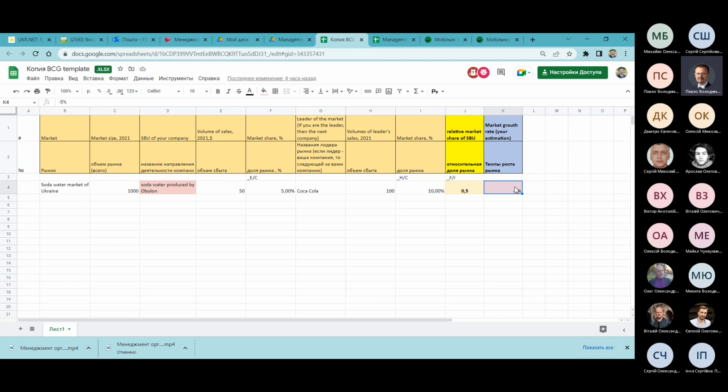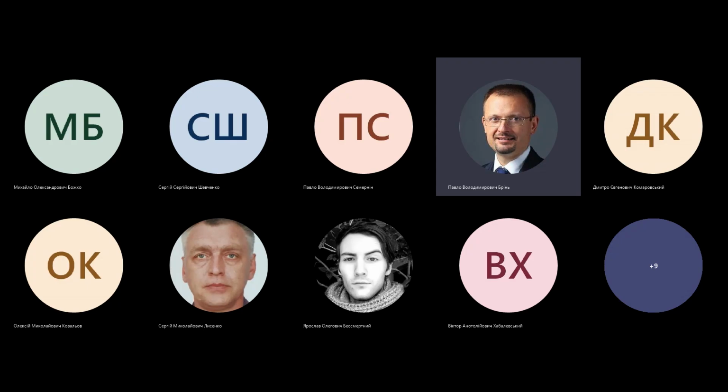Usually the information about 1 year and about the growth rate is presented, and that's all. For every strategical business unit, you will have to calculate these two dimensions, the relative market share and the market growth rate. And having calculated the pair for every strategical business unit, I'm coming back to my presentation.